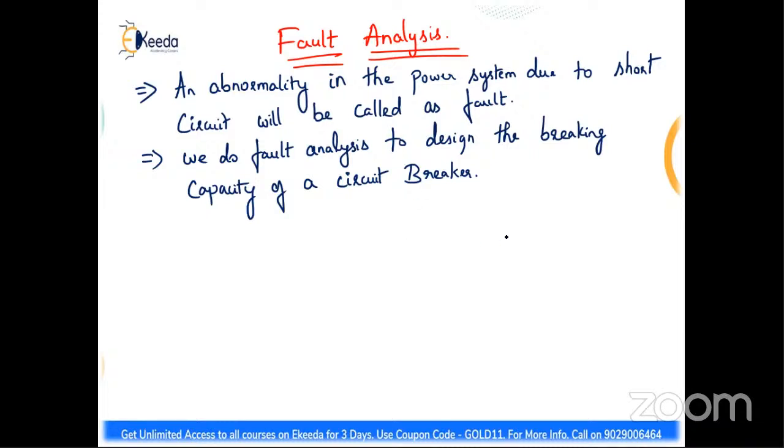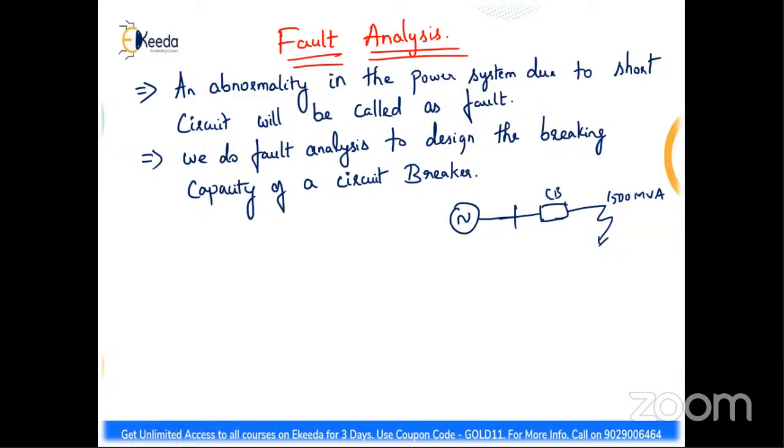Understood? Suppose there is a voltage source connected to the circuit breaker, and there is a fault. If the fault is 1500 MVA, that is, in this transmission line we are analyzing that the fault will be of 1500 MVA, what should be the breaking capacity of the circuit breaker here?